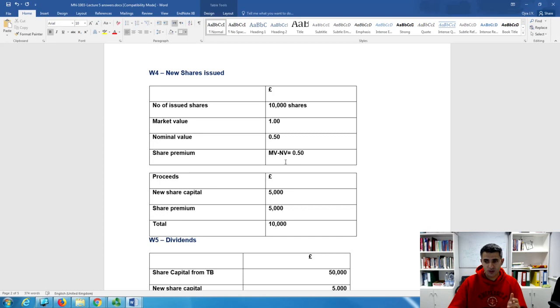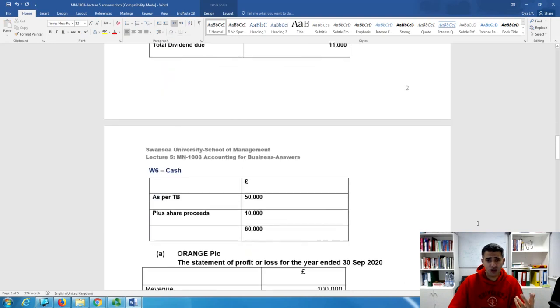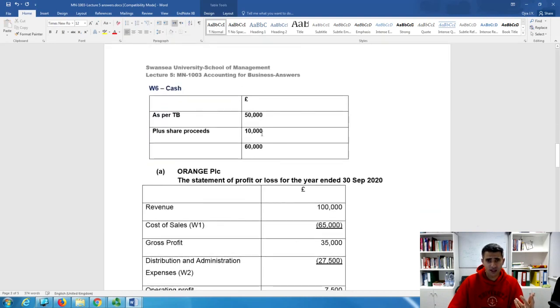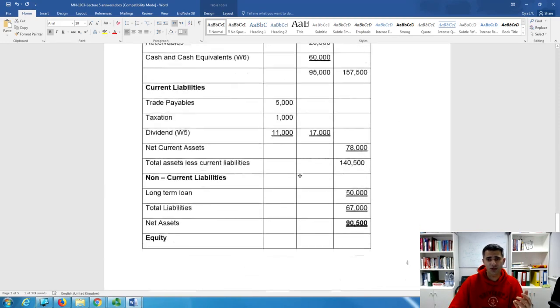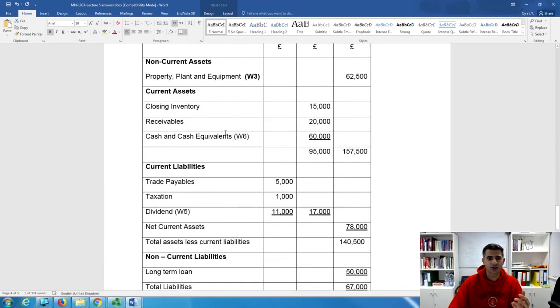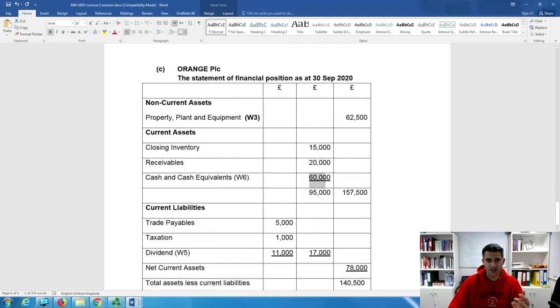This means they had £10,000 extra cash because they sold it to the public. So in this case, there's extra 10,000 here, and the total cash should be 60,000 and not the 50,000. And of course, as we mentioned, that should be recorded under current assets, 60,000.